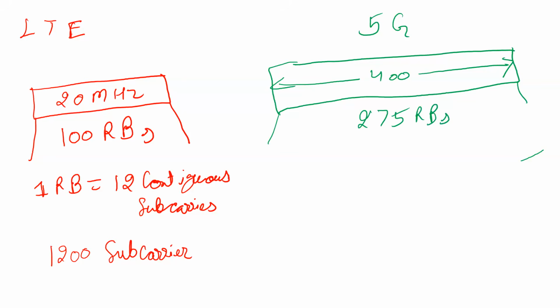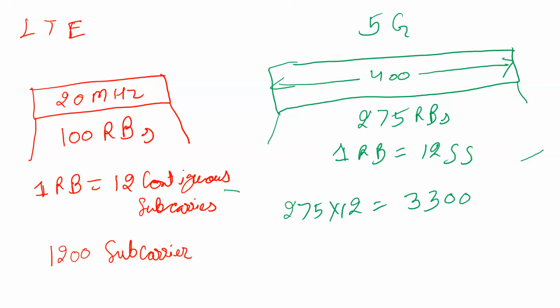And 1 RB is 12 contiguous subcarriers, the same as in LTE. So 1 RB is equal to 12 subcarriers. So in case of 5G, we have a maximum of 3,300 subcarriers. You can see we have a huge increase in 5G as compared to LTE.